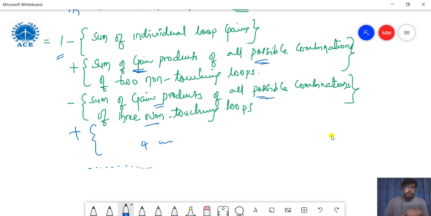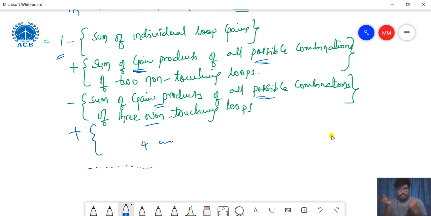Then the sum of gain products of all possible combinations of two non-touching loops. Suppose I have two individual loops which don't have a common node, then that is one combination of non-touching loops, right? I have three individual loops, for example, not touching each other, then that is another combination.